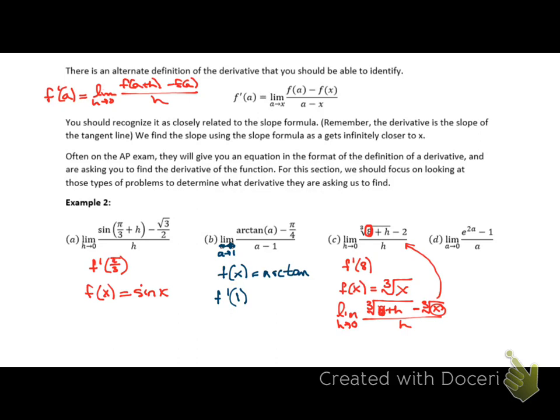There's no number plus h. It's just 2a, which means it's that second form that we're looking at, which gives us the function in that first term, which means that f of x is e to the 2a. And that means that this number is what we're finding f prime of.